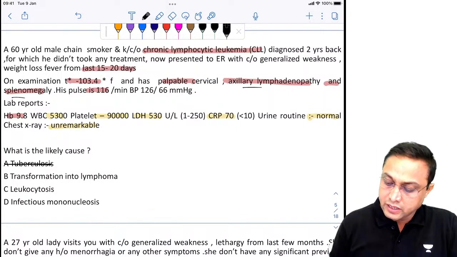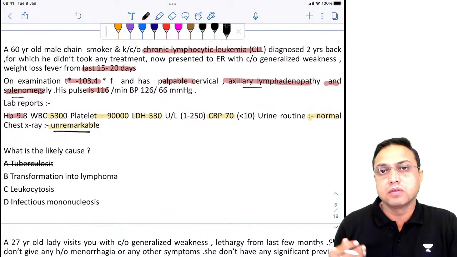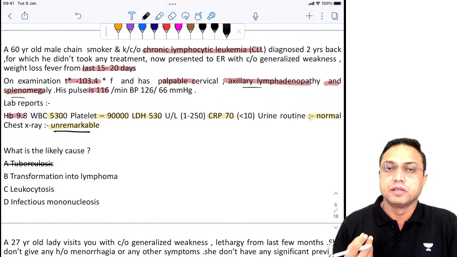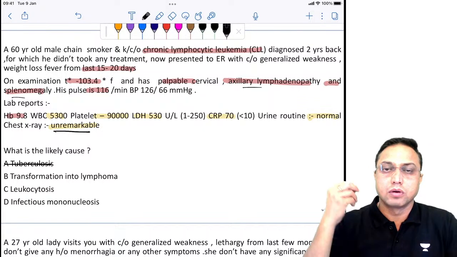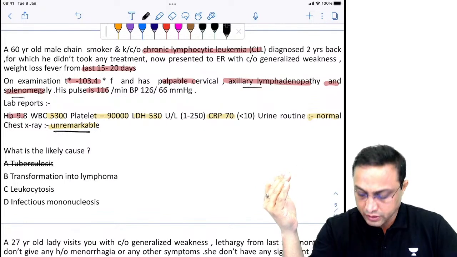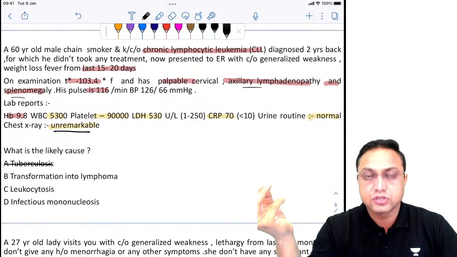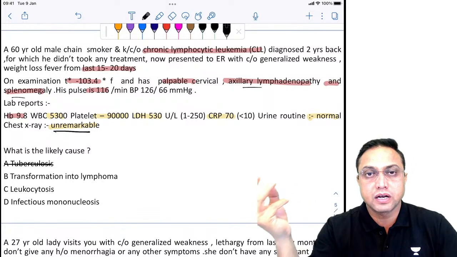Secondly, my dear friend, here the X-rays are unremarkable. Had it been tuberculosis, maybe there would be some cavity formation, maybe calcifications would have been seen, there must be some history of abnormal chest X-rays. And secondly, there must be some cough with sputum, evening rise of temperature.